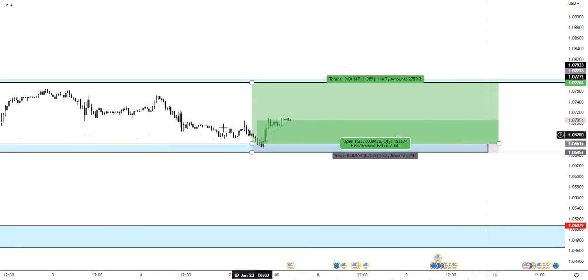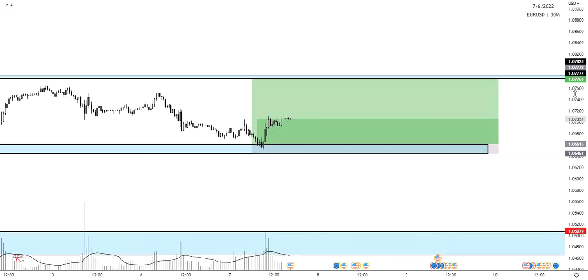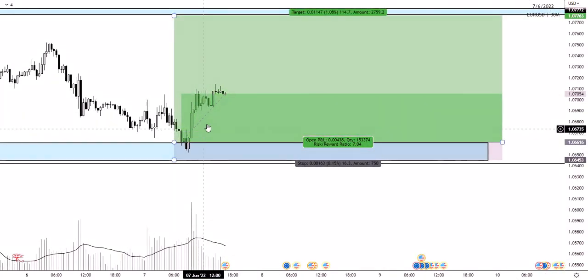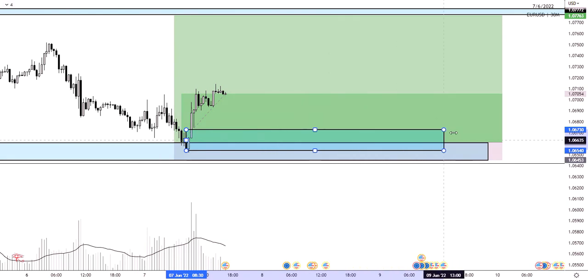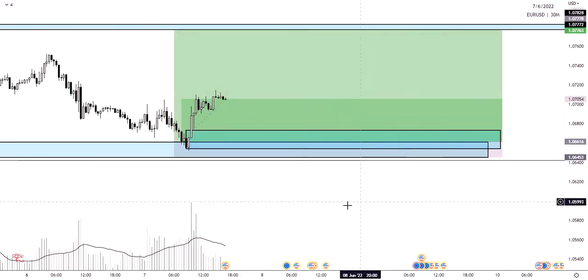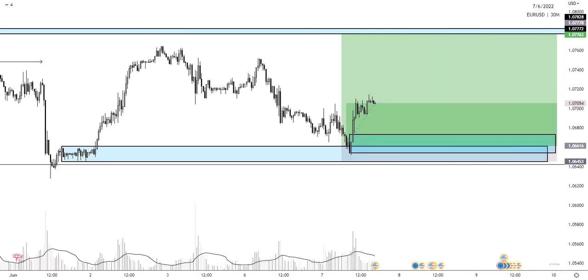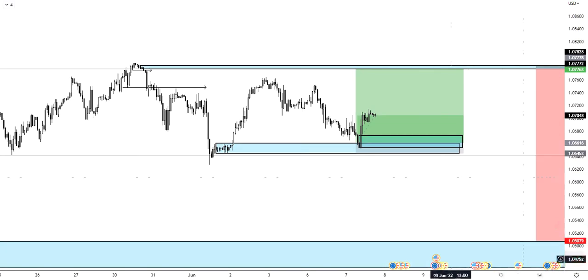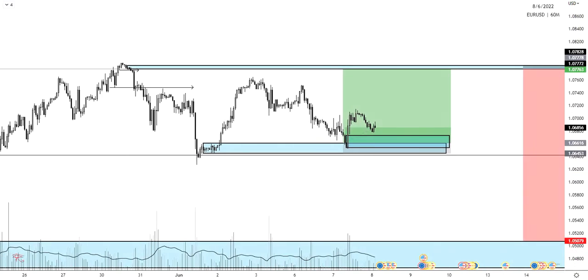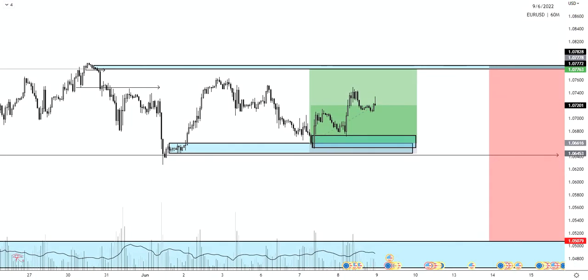If I look on the 30-minute, you can see structure breaks and demand creation followed by imbalances within this area, right? We have an institutional candle as well. So if I miss this entry, I can look at areas here, because structure is maintaining that bullishness. Let's let this play out now on hourly. Price comes into that zone as well.